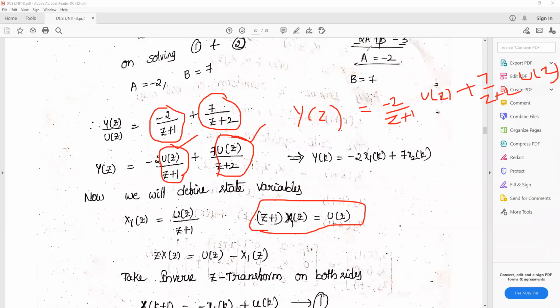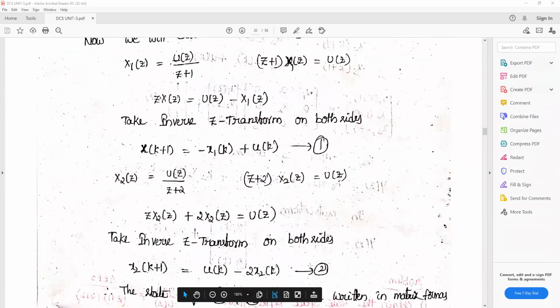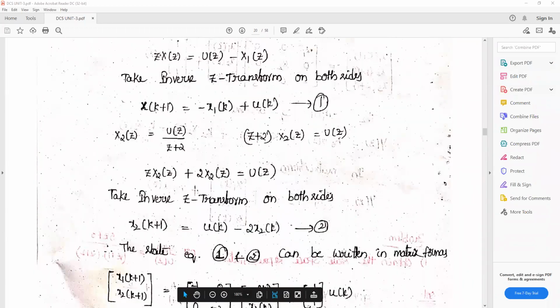So take the inverse z transform on both sides. Z into x of z becomes x of k plus 1.